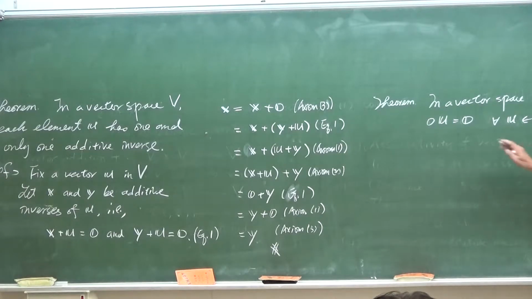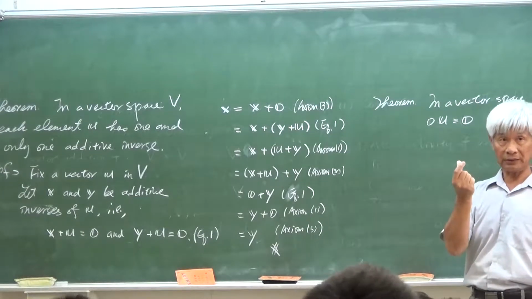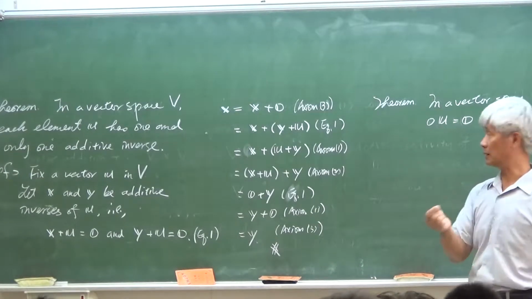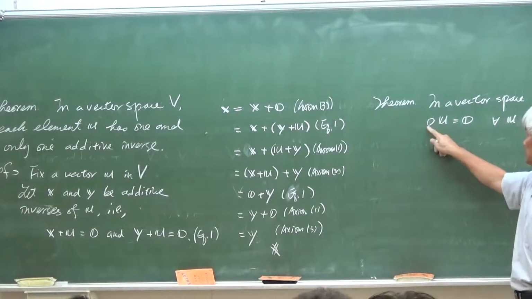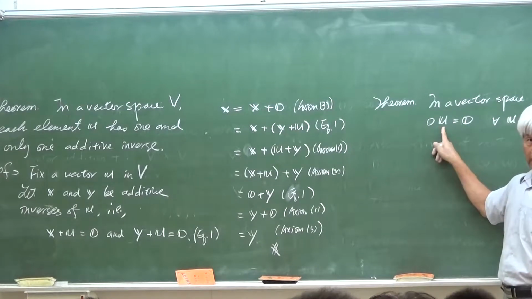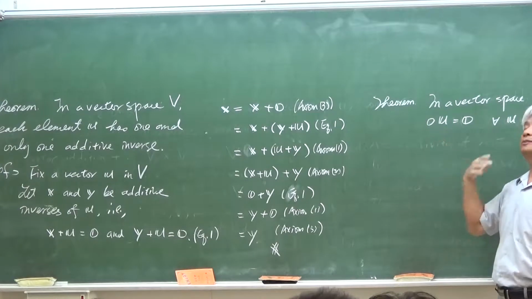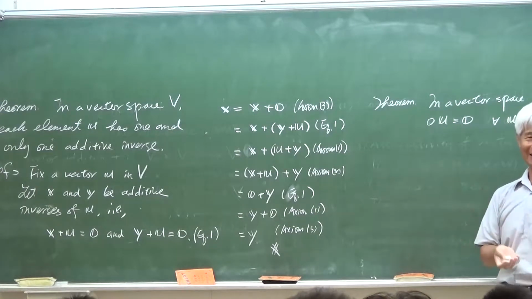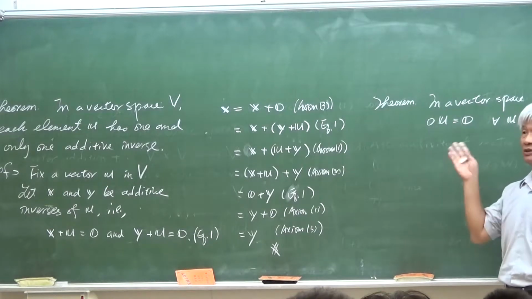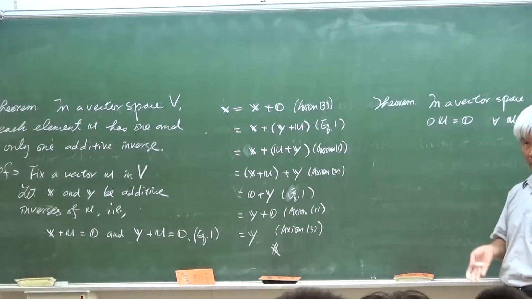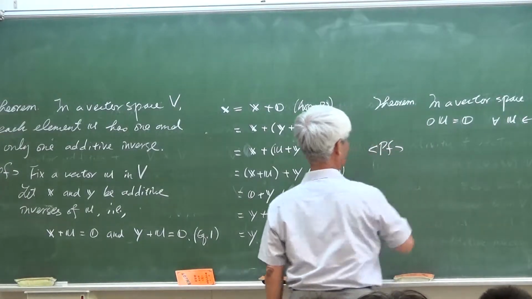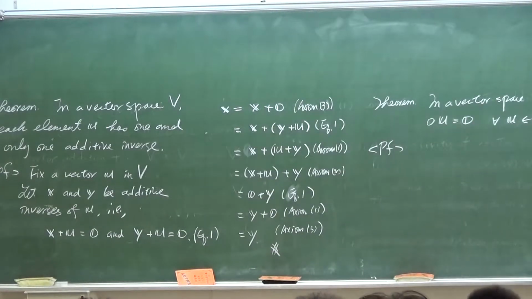But how about the 0? The real number 0 is very unique. So we may ask, what is the scalar multiplication of the scalar 0 with an arbitrary vector? Of course you say it should be the 0 vector. You may guess that because it's quite natural. But even if it's quite natural, you have to prove that. So here is the idea how to prove that.